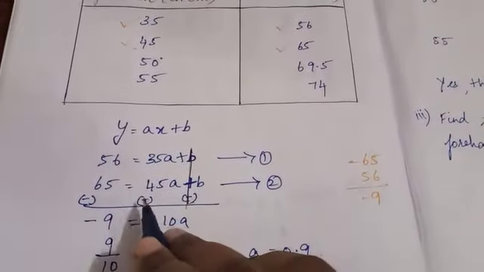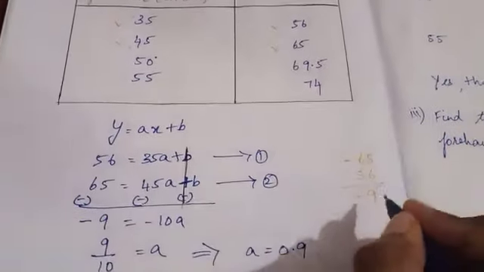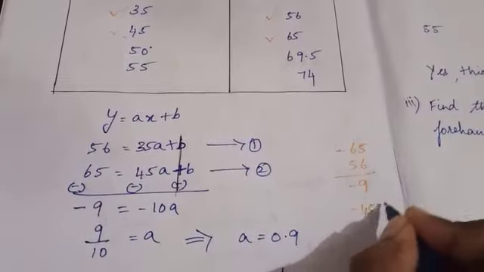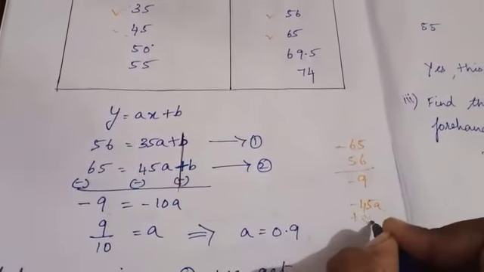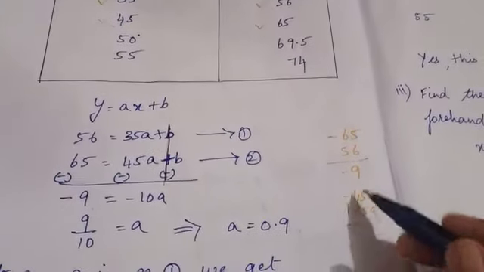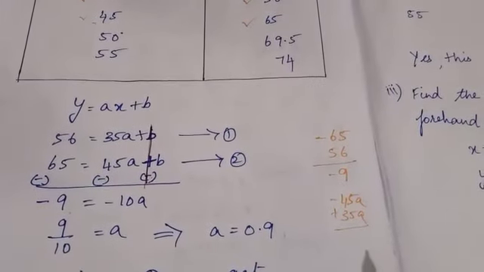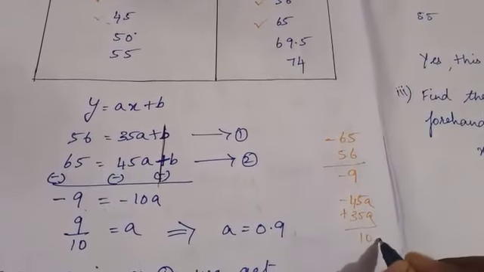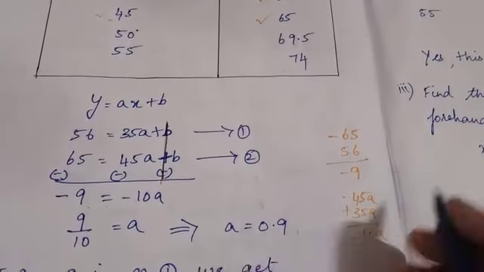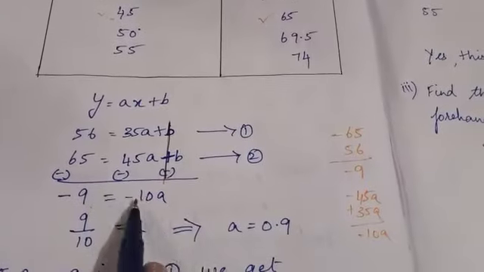The bigger number is 45, so I'm writing minus 45a plus 35a. When we subtract, our answer is 10a, and the greater number sign is minus, so minus 10a.